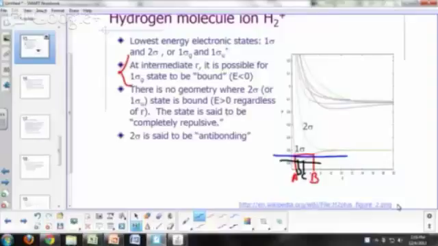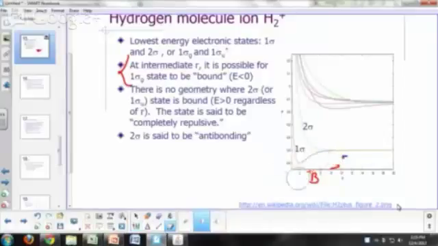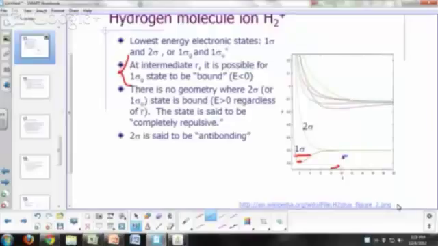In other words, the higher the energy, what happens? At low energy, they'd be oscillating between these two distances, right? At a higher energy, they can oscillate further away from each other. And at even higher energies, even further. If you give them enough energy, they will just separate and not come back.